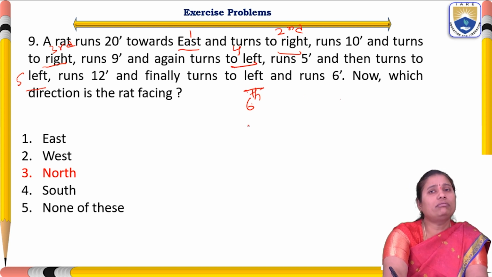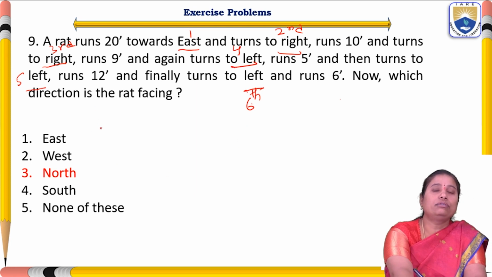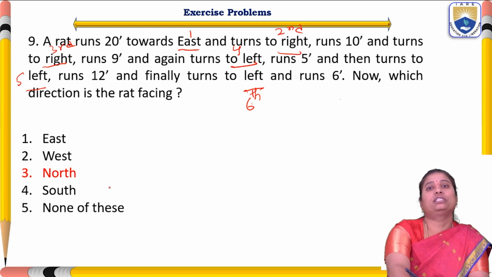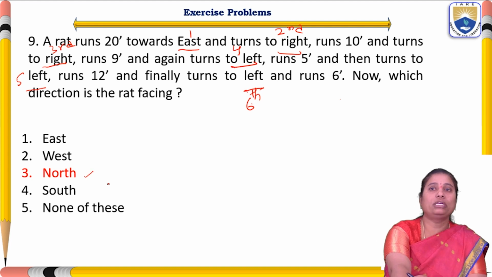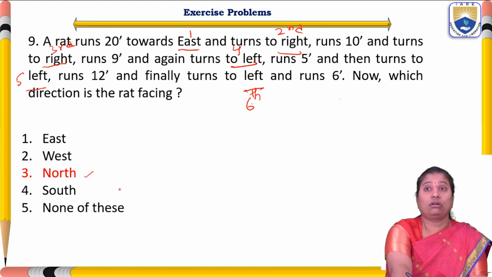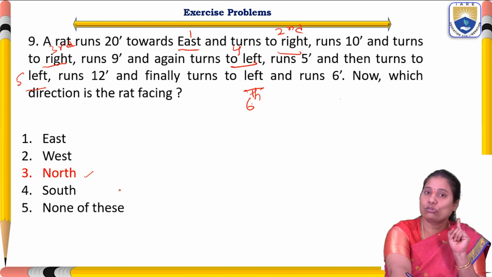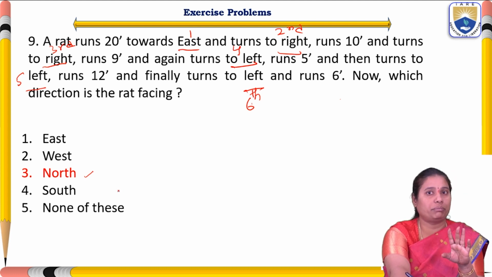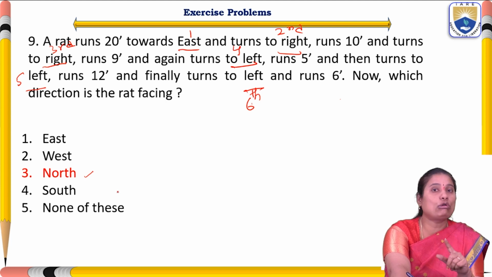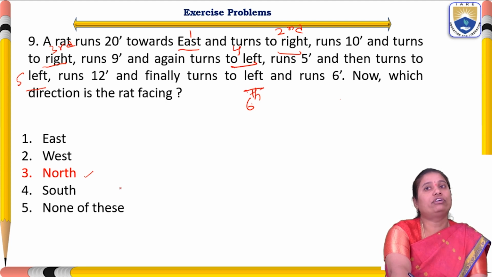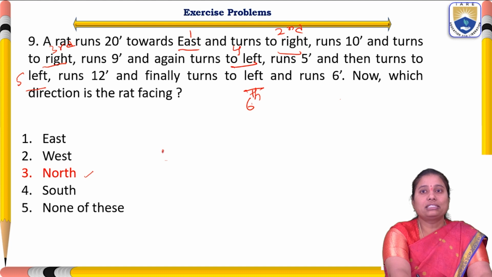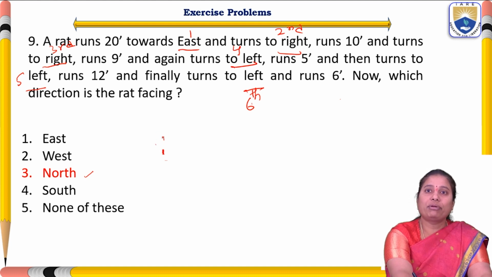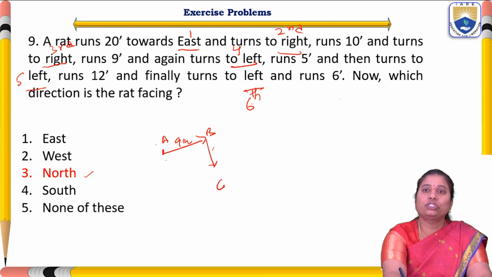So here we need not focus on the measurements. You may think, why should I take all the measurements between one turn and another turn, when they have asked only for the direction? Obviously we have to take the measurements whether we calculate the distance or not, because it will differ. For example, the rat goes from A to B for 9, and from there to C for 4.